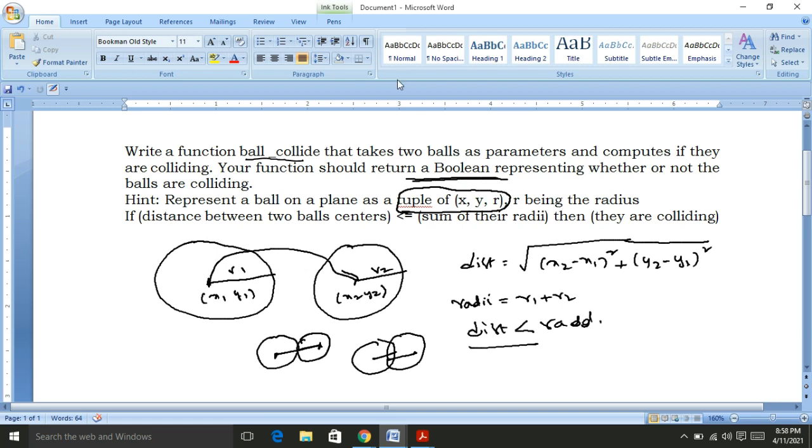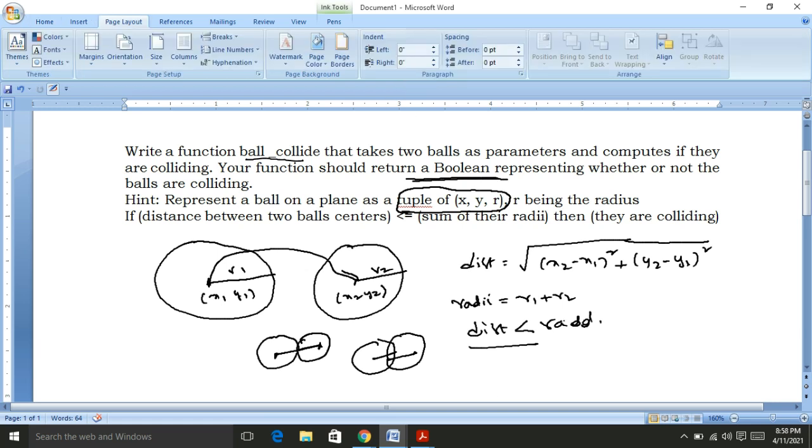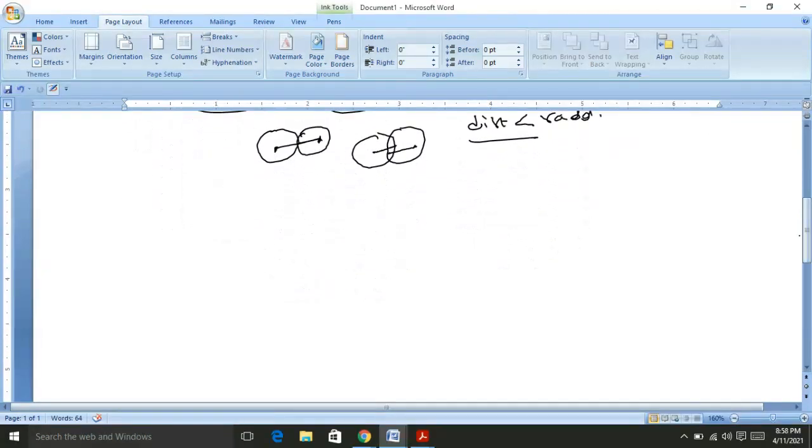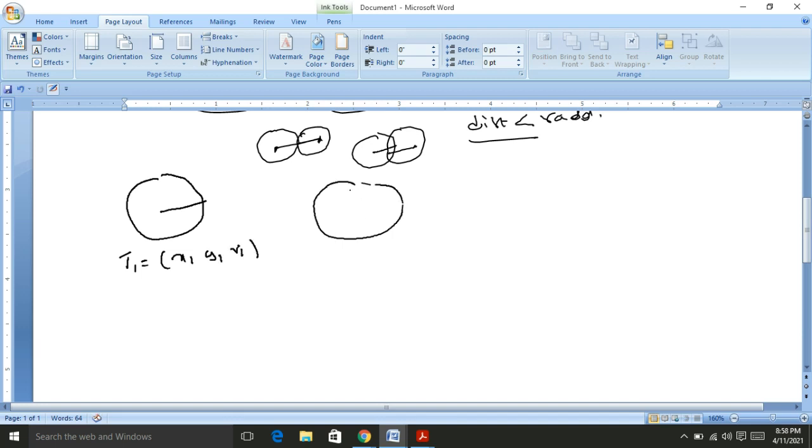So what we are going to consider here is, I am going to represent the first ball as a triple T1 as x1, y1, comma r1, and for the second ball, that is another triple T2 equal to x2, y2, and r2.